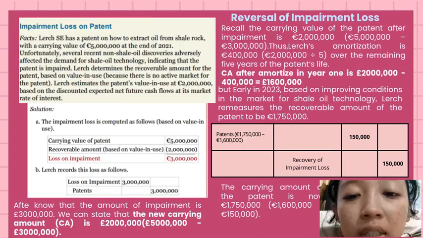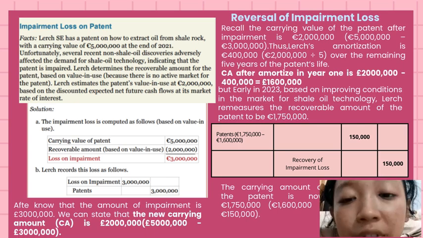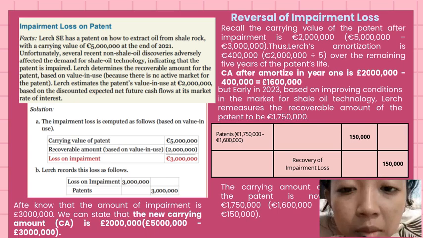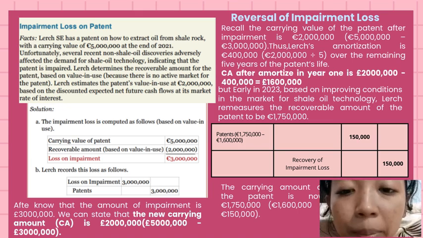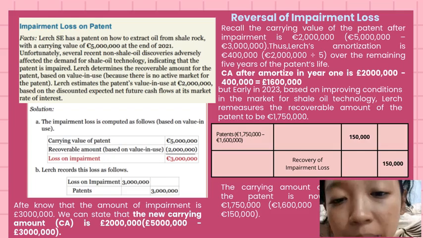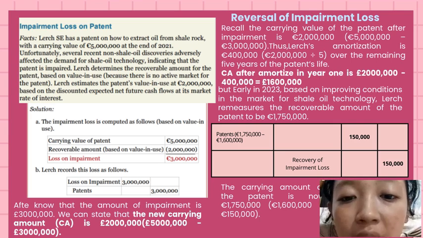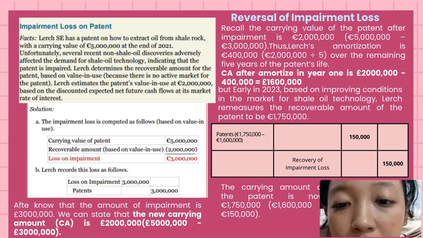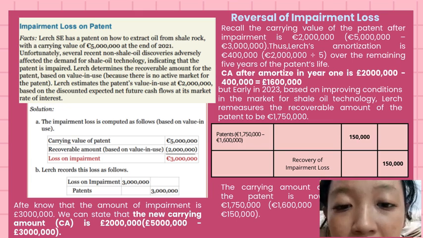Okay, I will give you an example for the first type. Here I have an impairment loss on a patent at Large Company. Large Company has a patent on how to extract oil from shale rock with a carrying value of 5 million at the end of 2021.